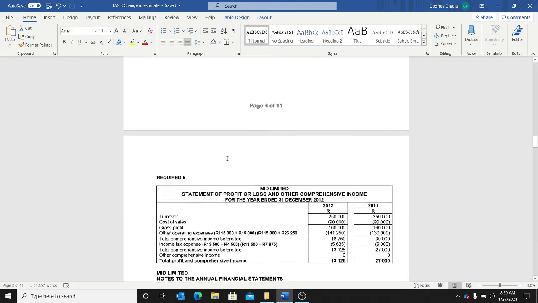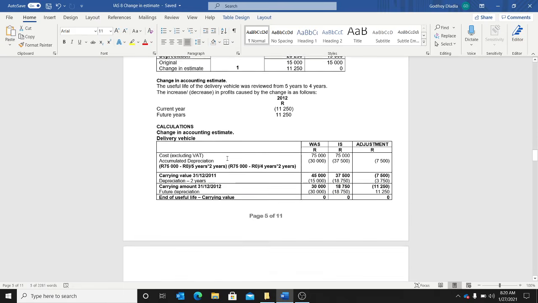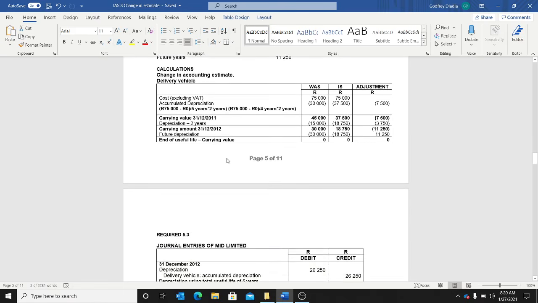Now let's get to required 5. Let's start with the calculation here. The asset is 75,000 and it was then depreciated for 2 years. That will give you 45,000. Right. Then you depreciate it in terms of the remaining 3 years. You depreciate 15 this year. Then that leaves you 30.